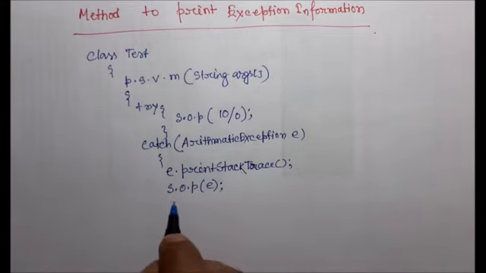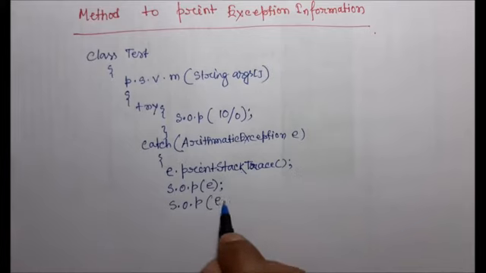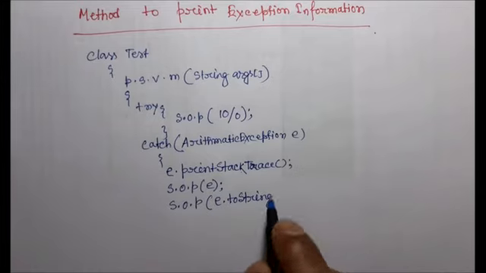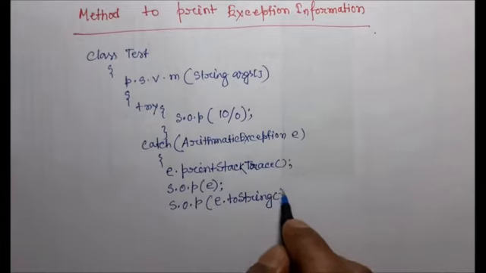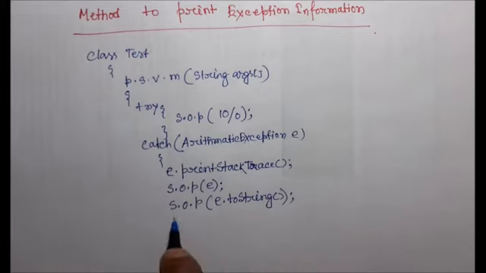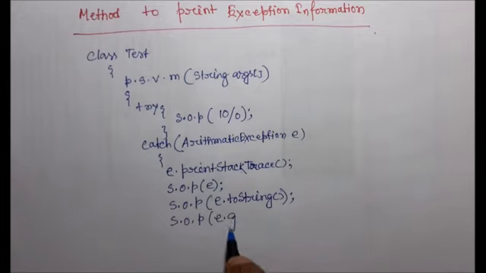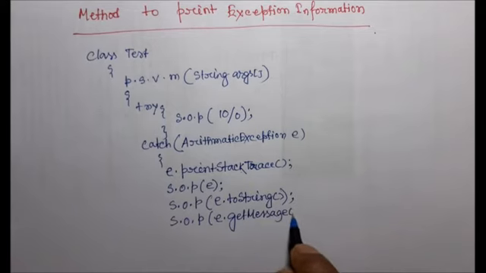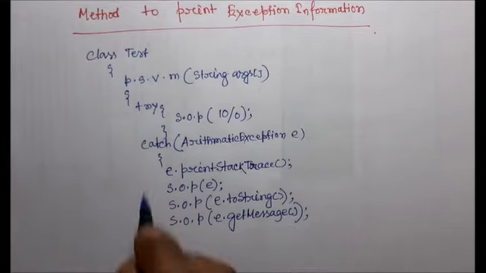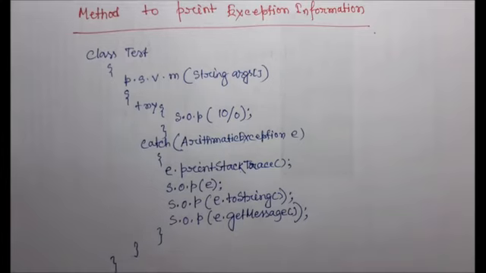Next I want to print the exception, so e.toString method. Then System.out.println(e.getMessage()). Then I close it: public static void main closed, class Test closed.